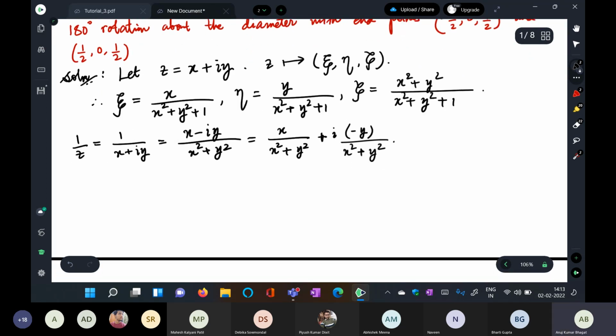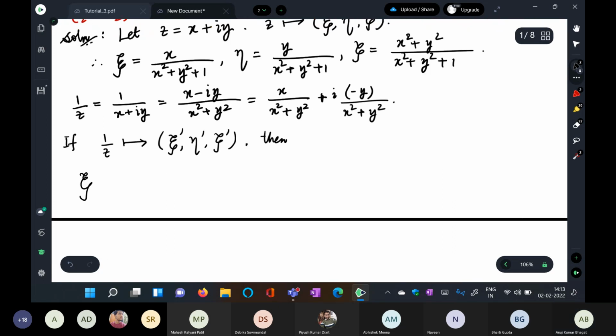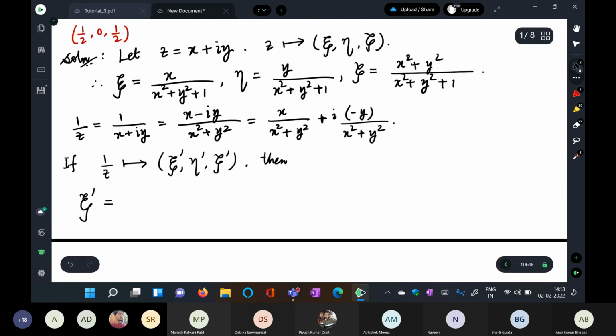So if the image of 1 by z is this according to the question, then we can easily find this. What will be this? Can you tell me? You have to find this.